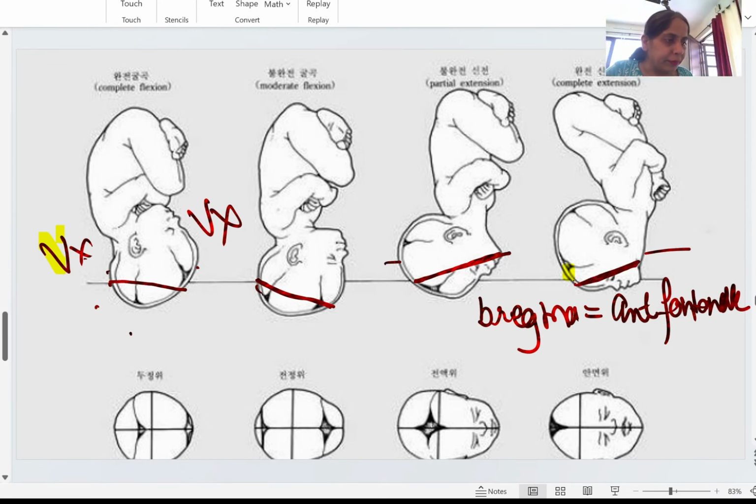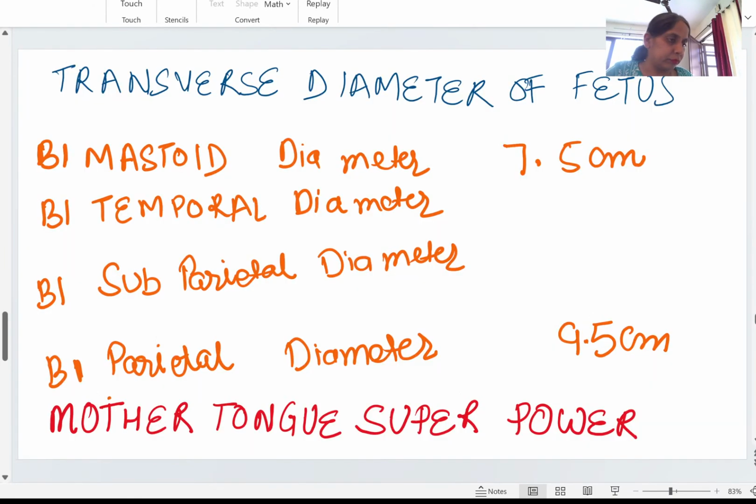Is it okay? Because the engaging diameter is 9.5, we can do normal delivery in face presentation.